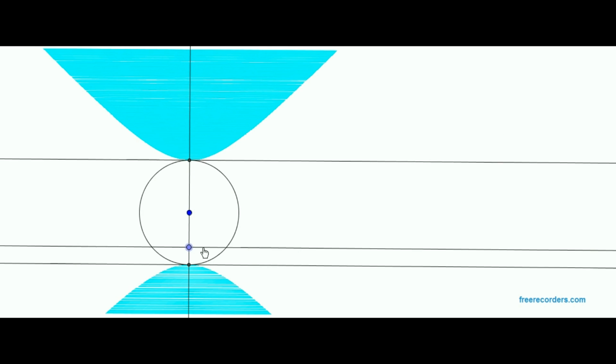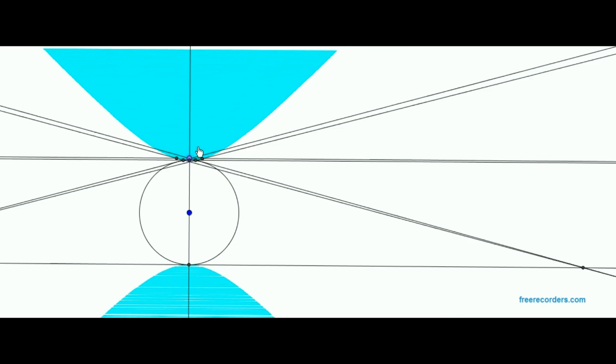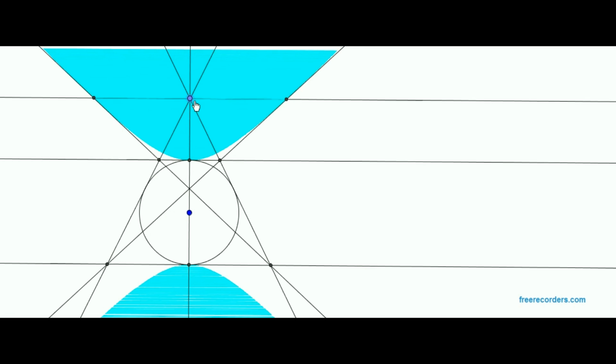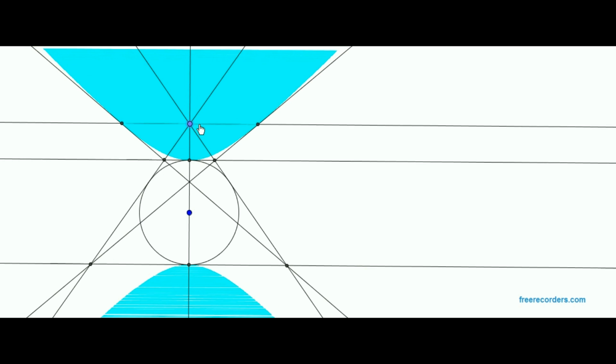And what we see is that it sweeps out a rectangular hyperbola. So at any given place, the width of this blue line is telling us how large the imaginary part of these complex contact points are.